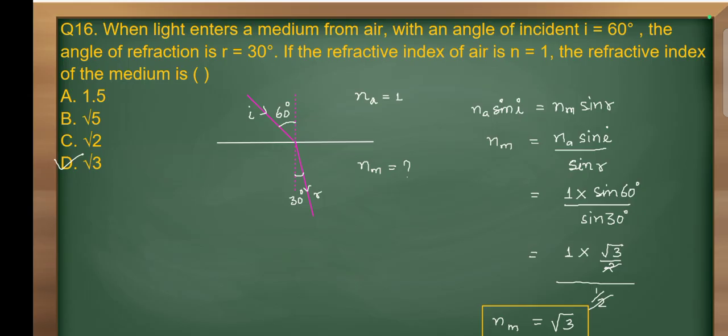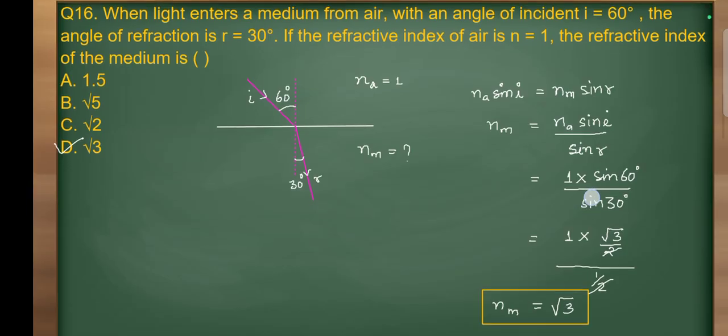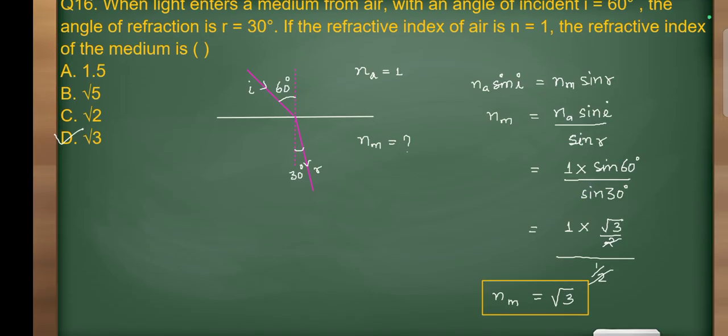So nm is equal to na into sin i divided by sin r. We will put the value of i, that is 60 degree, and r, that is 30 degree. Then we will get sin 60 is equal to root 3 by 2 and sin 30 is 1 by 2. Then when we solve this, we will get refractive index of medium is equal to root 3. So option D is correct.